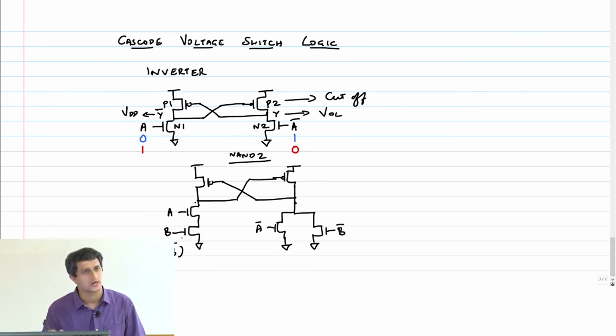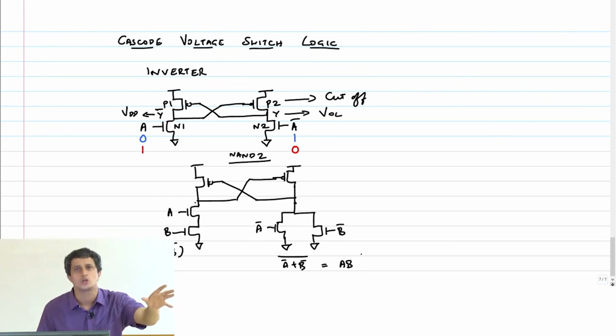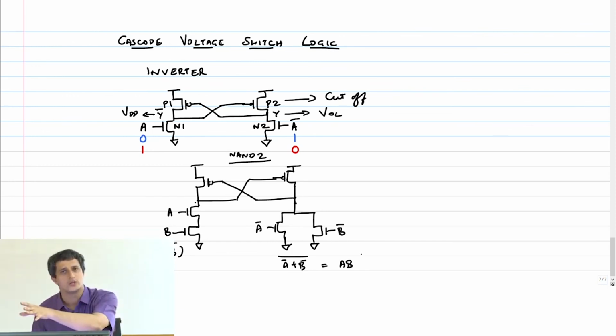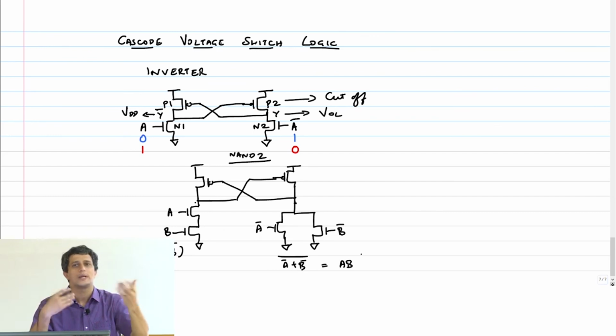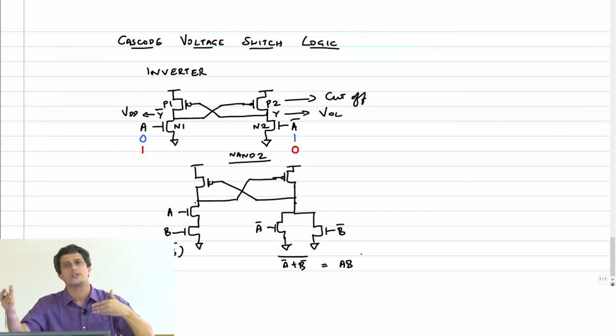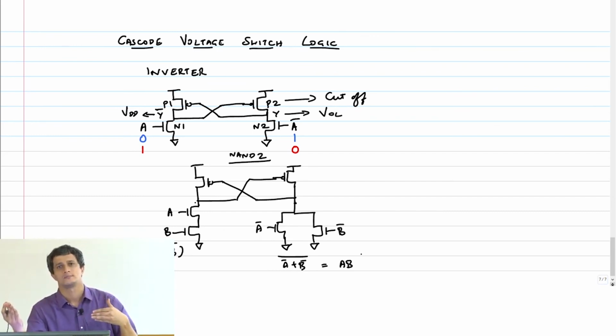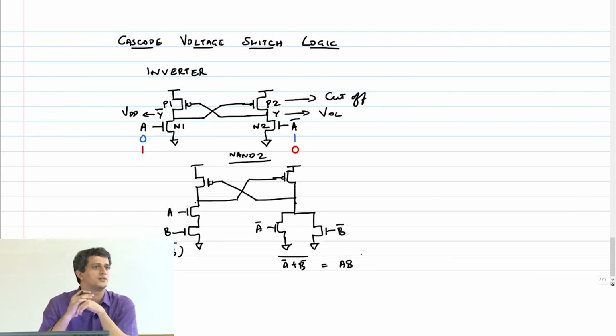Whole bar because it's connected to ground. What is this logic? It is A bar plus B bar whole bar, which is equal to AB. So you implement true logic on one side and the complement logic on the other side, then you will be guaranteed that one of these stacks will be turned off always, right? And this cross coupling will take effect and it will cut off the other guy very easily.